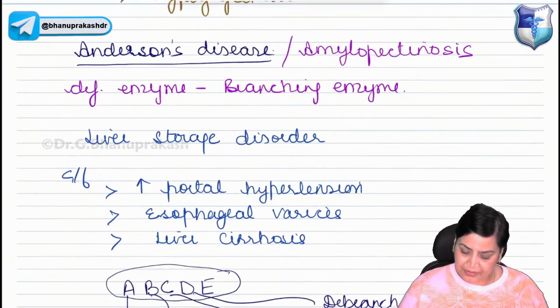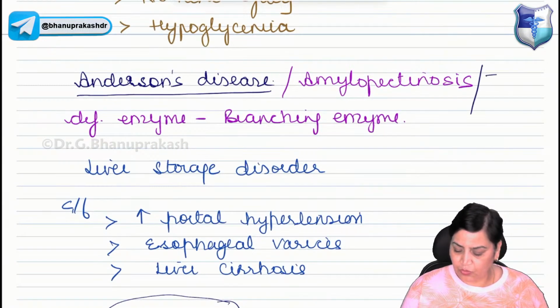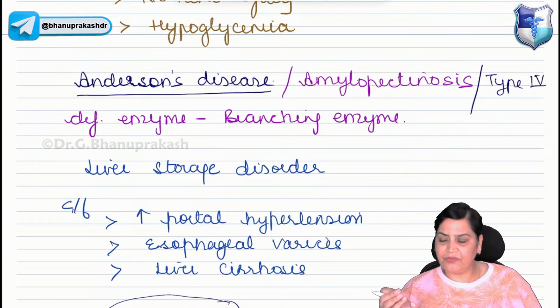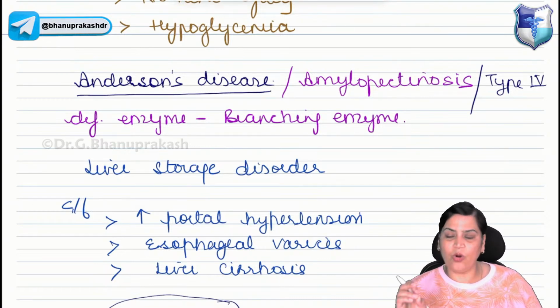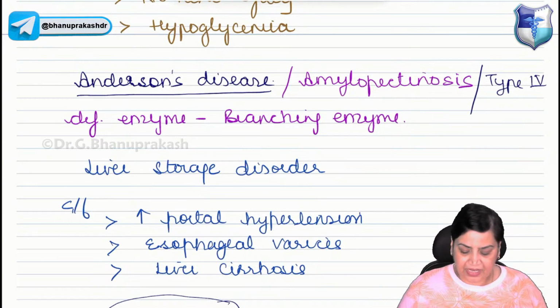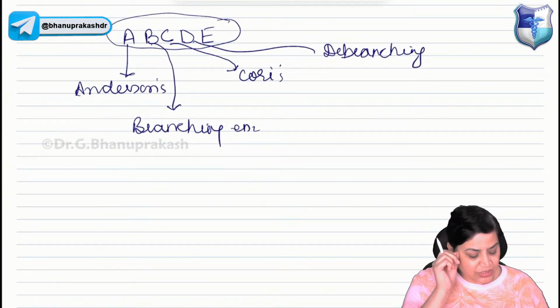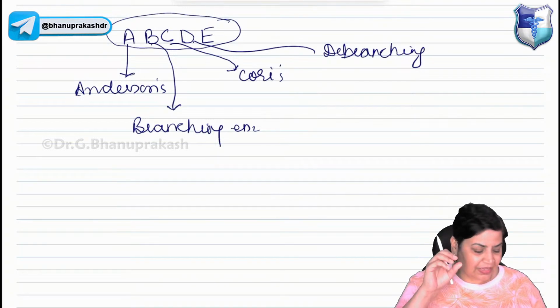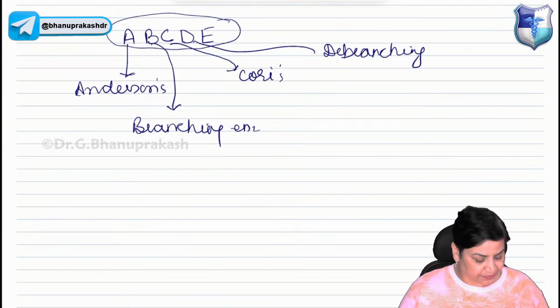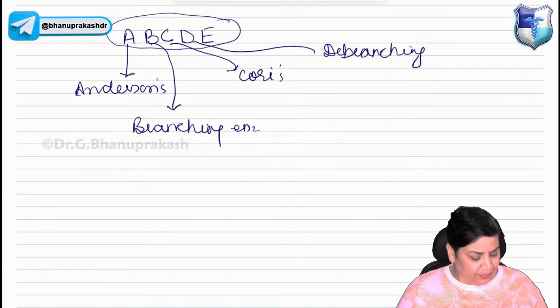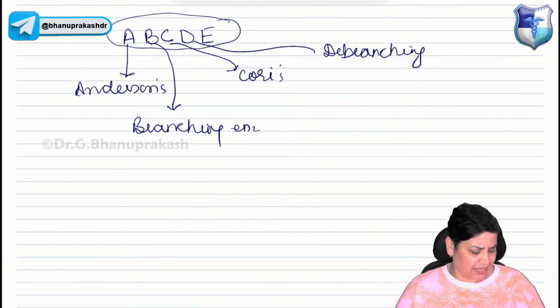This was type 4. Then we come over to esophageal varices. When there is so much hepatomegaly in Anderson's, beta, hepatomegaly will be there.